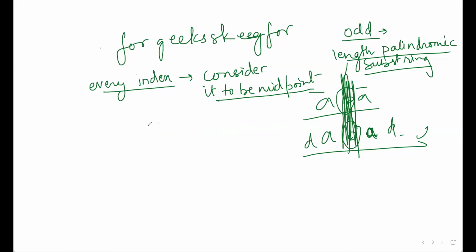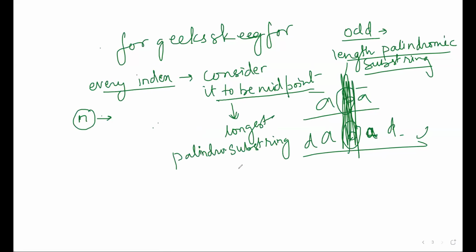So how many indexes do we have? We have n indexes. If I have to check what is the longest palindromic substring I can get if I consider my current index I as the midpoint, my goal is to find this thing.